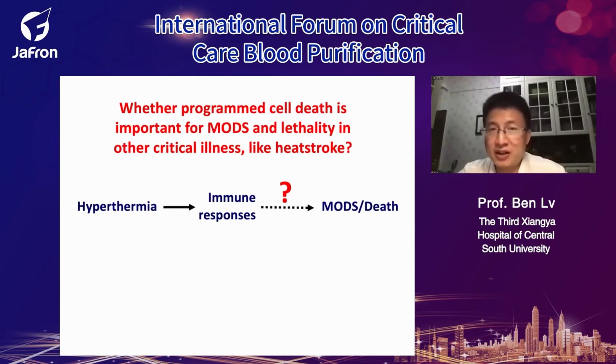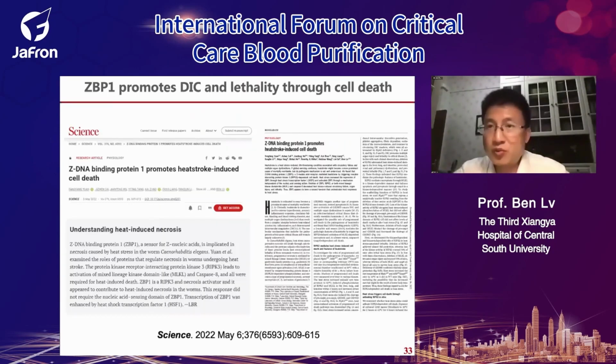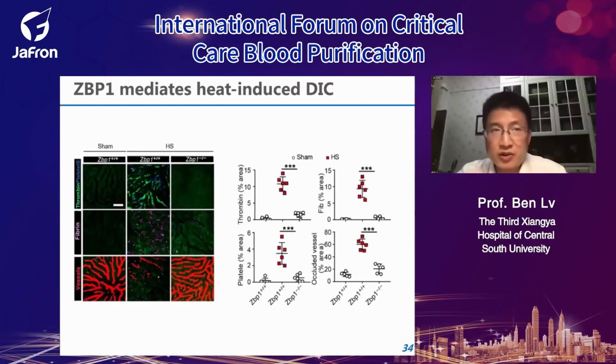With this hypothesis, this year our group published a Science paper titled Z-DNA binding protein ZBP1 promotes heat stroke-induced cell death. The answer is yes. Cell death causes MODS, and this cell death is caused by hyperthermia. You can see here, just to take an example, the DIC in heat stroke is actually caused by ZBP1.